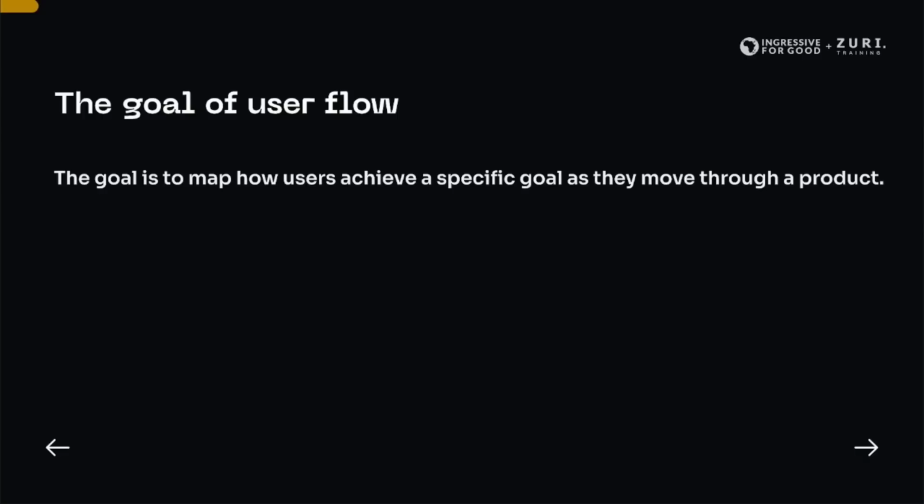The goal is to map how users achieve a specific goal as they move through a product. That way, we have a clear overview of the product functionality before the design process begins.